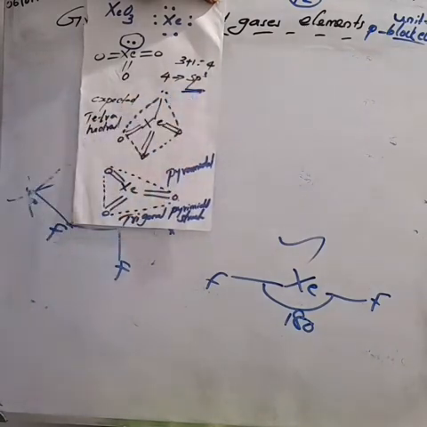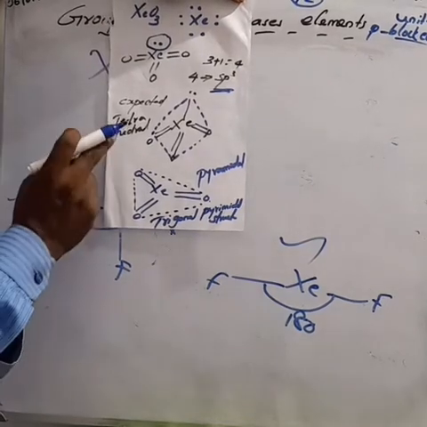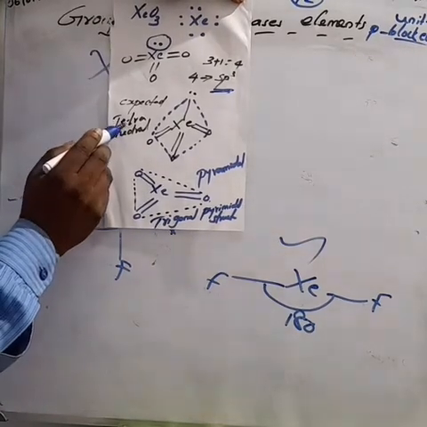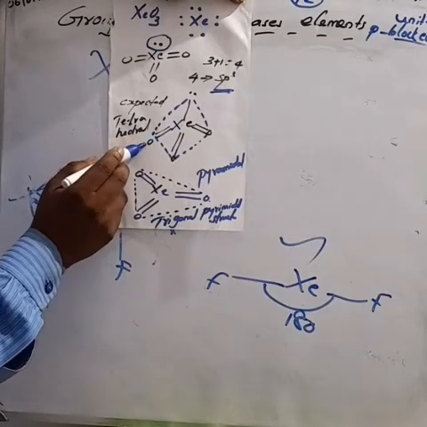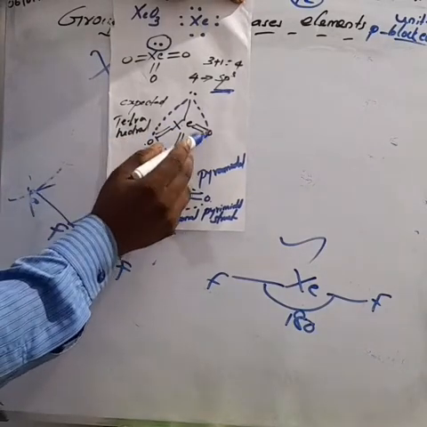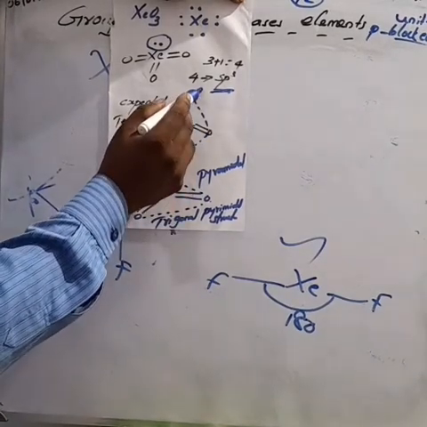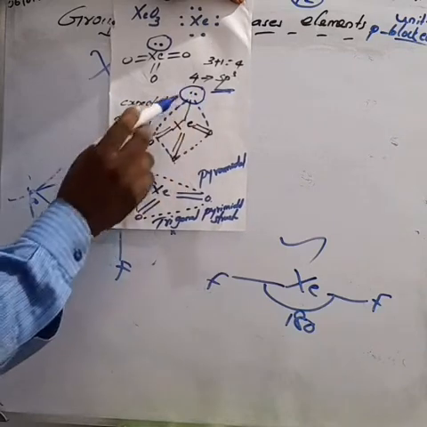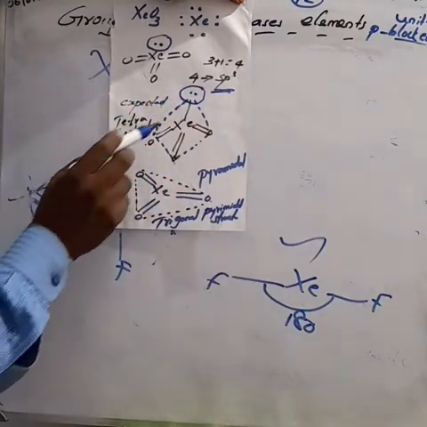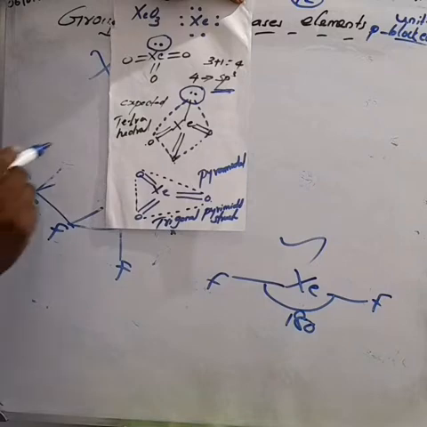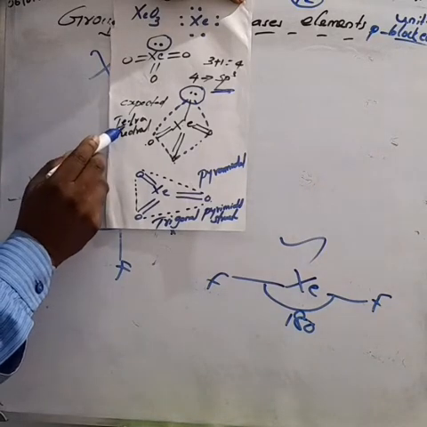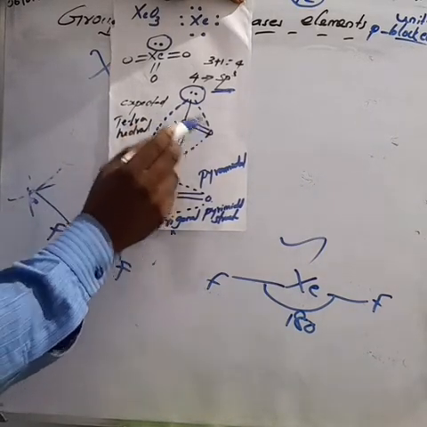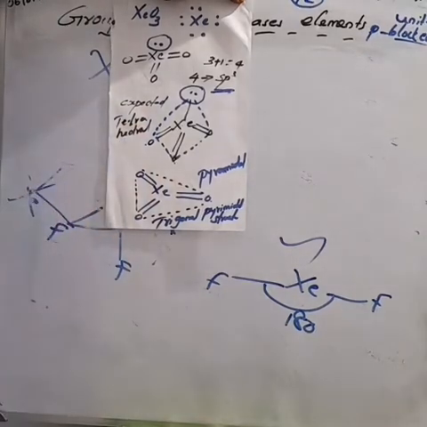sp3 hybridization. What is the expected shape? I am writing xenon with double bond oxygen, and the lone pair of electrons fixed on top. So what is the shape? Just like tetrahedral. This is the expected shape, tetrahedral.